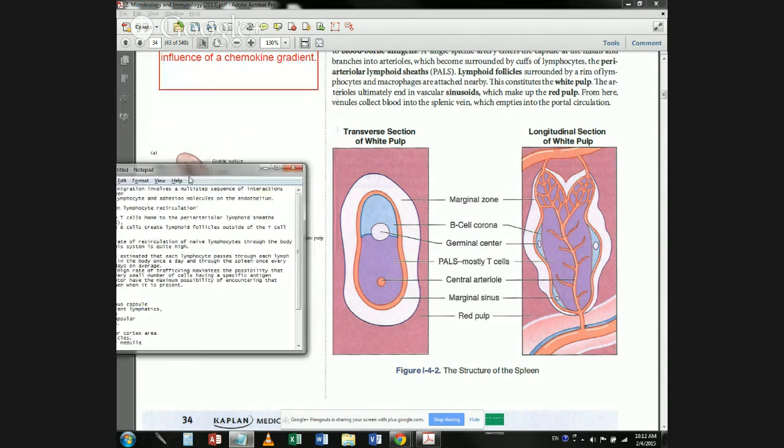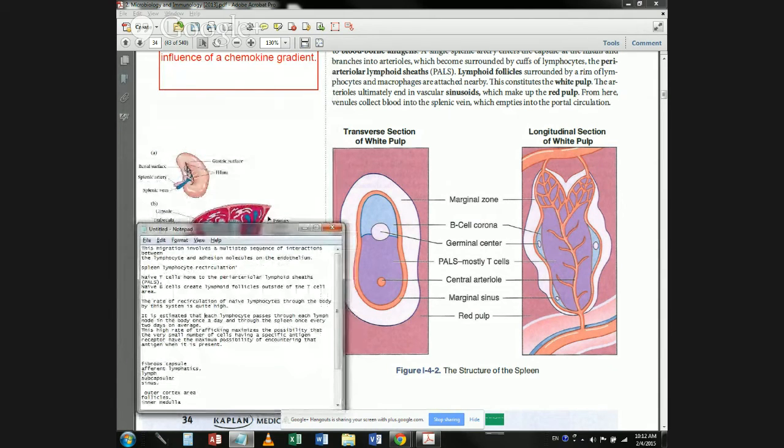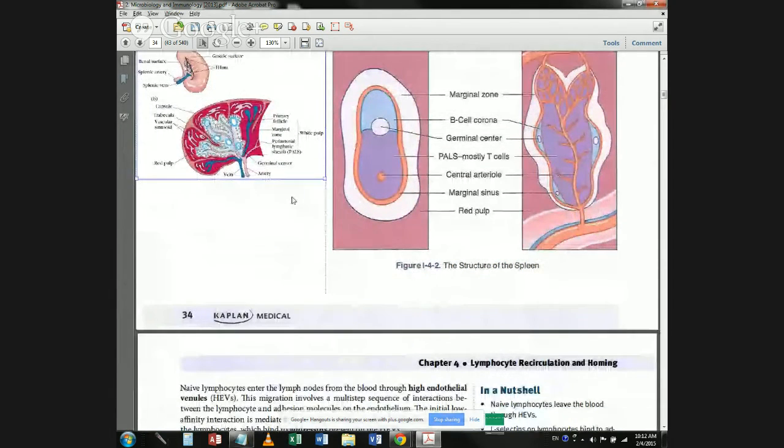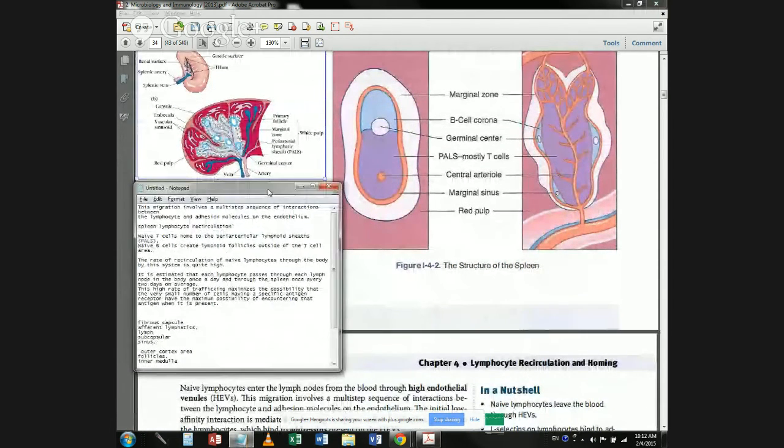That's how it works. So we know that the naive T cells home to periarterial lymphoid sheaths. Once you enter the central arteriole, all the naive T cells will similarly feel their way into the PALS, and the B cells will go right outside that area.